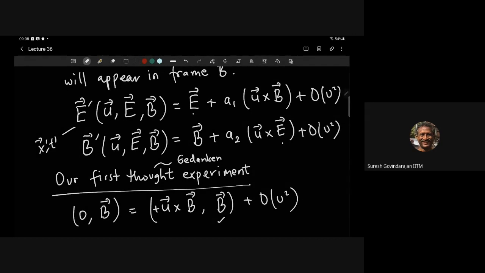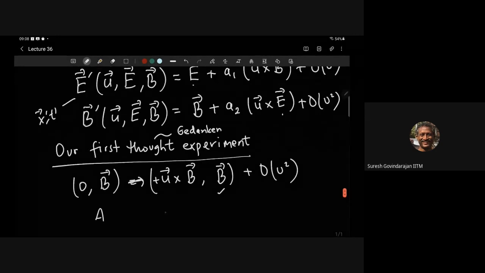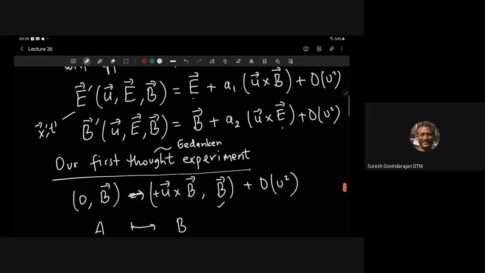This is in frame A, and this is in B. What value of A1 will achieve this? 1. Just comparing, we see that A1 should be equal to 1. And we can't fix A2 with this thought experiment. Why? Because E is 0, so the u cross E becomes 0.